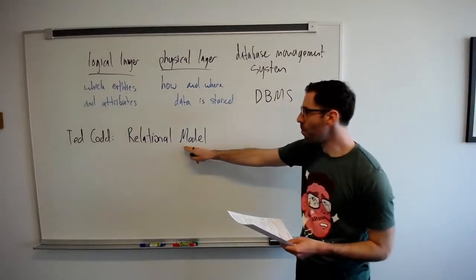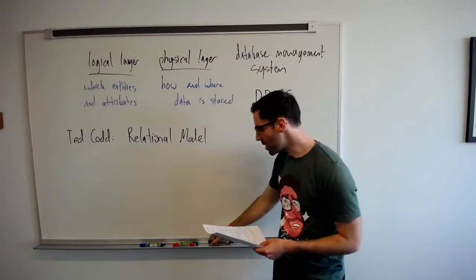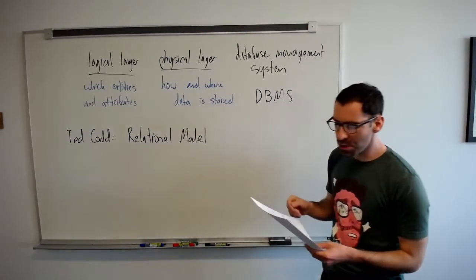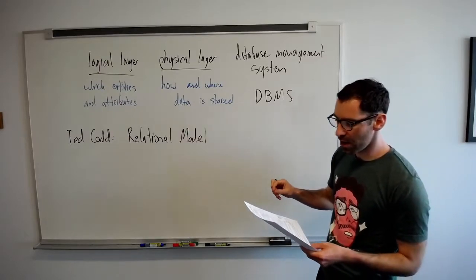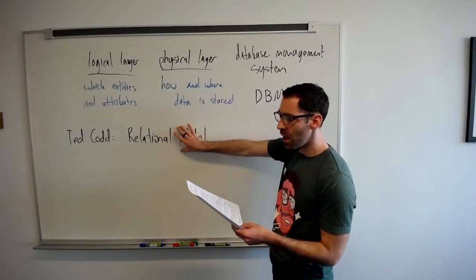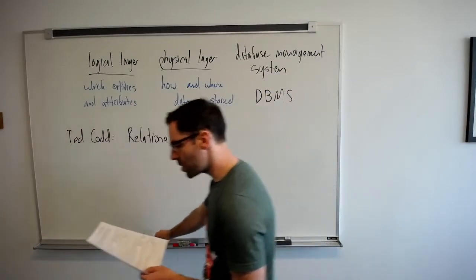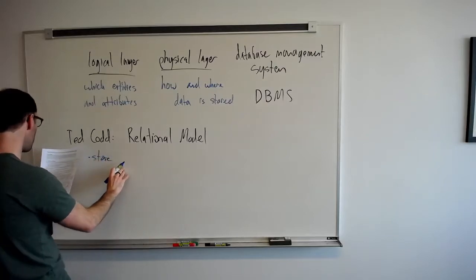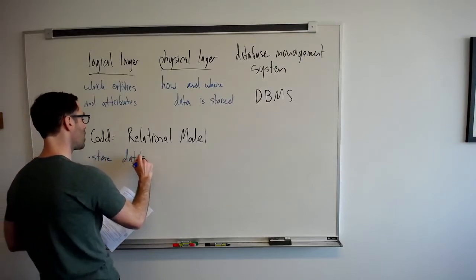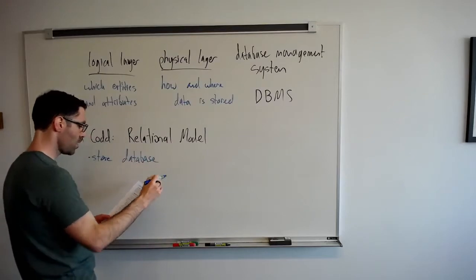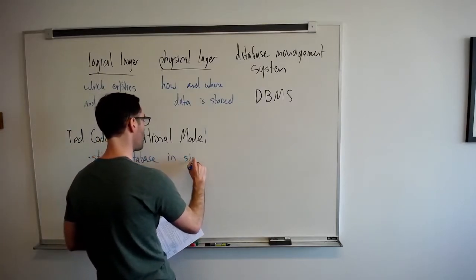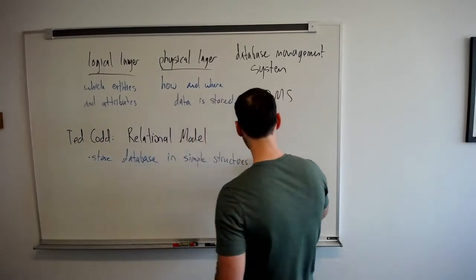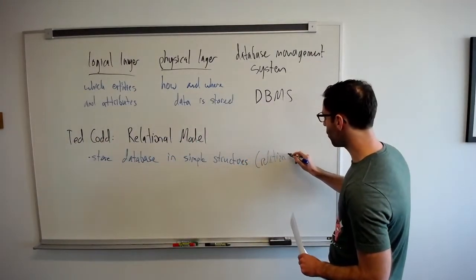This went on to become the dominant data model for database management systems, and it specifically wanted to store our database in simple structures called relations.